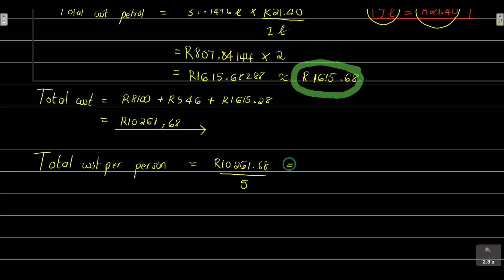If you punch it into your calculator, guys, you'll get 2,052.336. You want to round that off to 2 decimal places, so that is approximately equal to 2,052.34. Okay, so that is the cost per person.